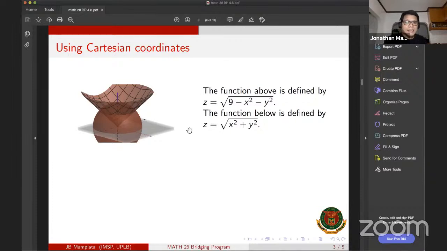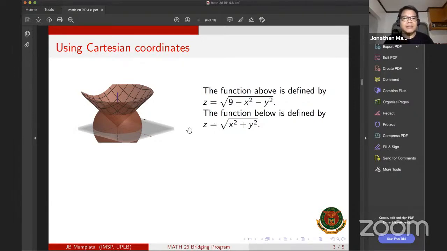So pagsulat ng integral, in writing the bounds for z, madali na kasi nakikita mo na yung expression. So yung lower bound of the integral natin is given by the square root of x squared plus y squared. The upper bound is given by the square root of 9 minus x squared minus y squared. So okay na tayo dun sa innermost integral.